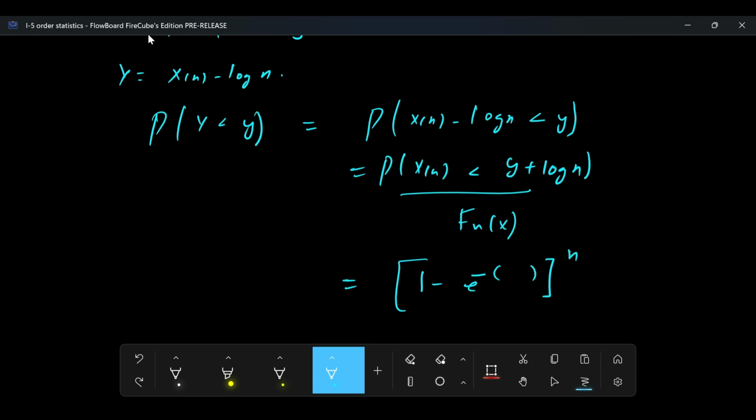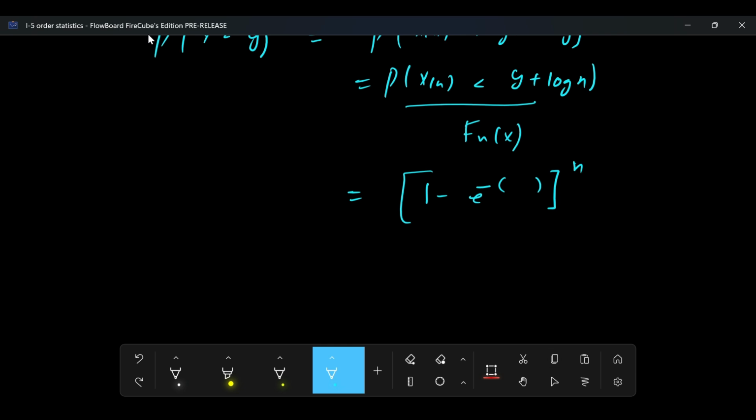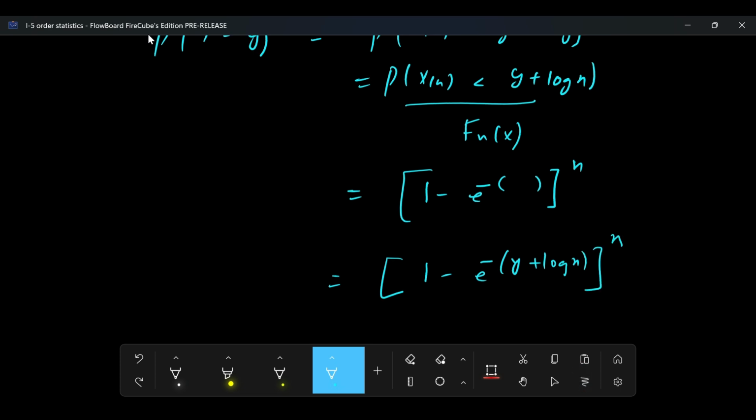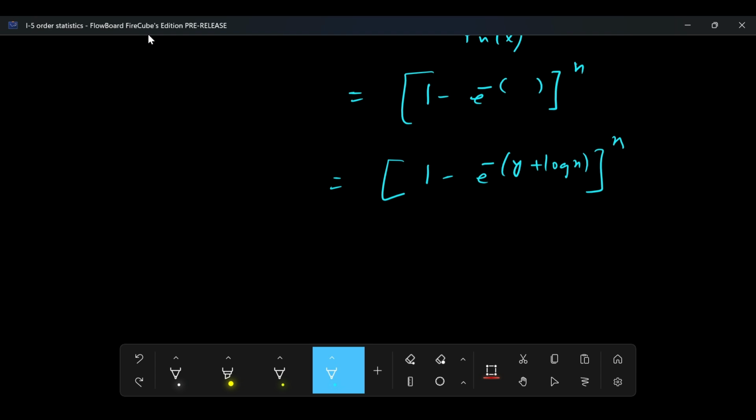Now instead of x you have to put this value. This is equal to 1 minus e minus y plus log n, raised power n. Clear? So see, if I do this, 1 minus e raised power minus y minus log n, raised power n.